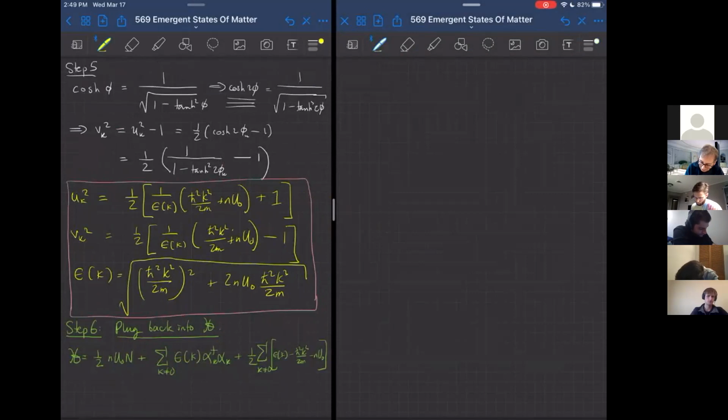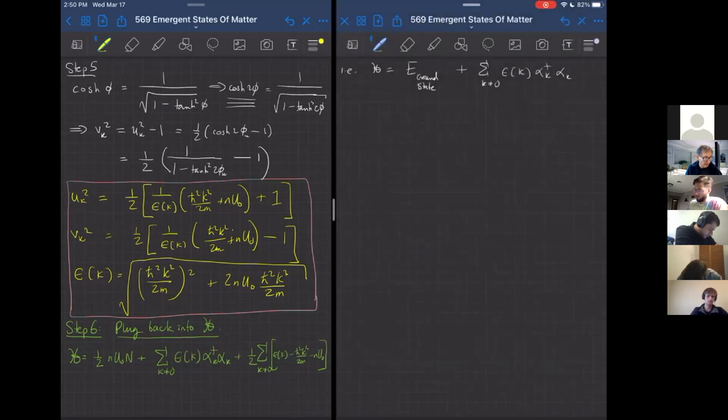In other words, what I've shown you is that the Hamiltonian is equal to some energy of some ground state plus the sum over k not equal to 0 of some energy spectrum of some new fictitious particles, these quasi-particles, which is basically the quasi-particle representation of the system.